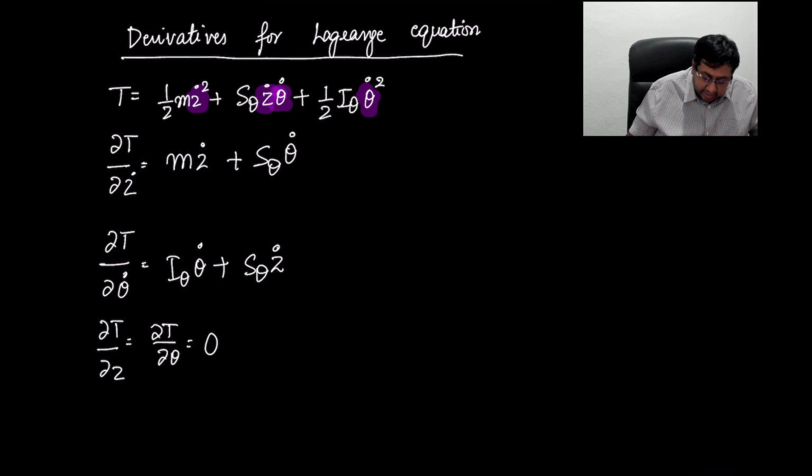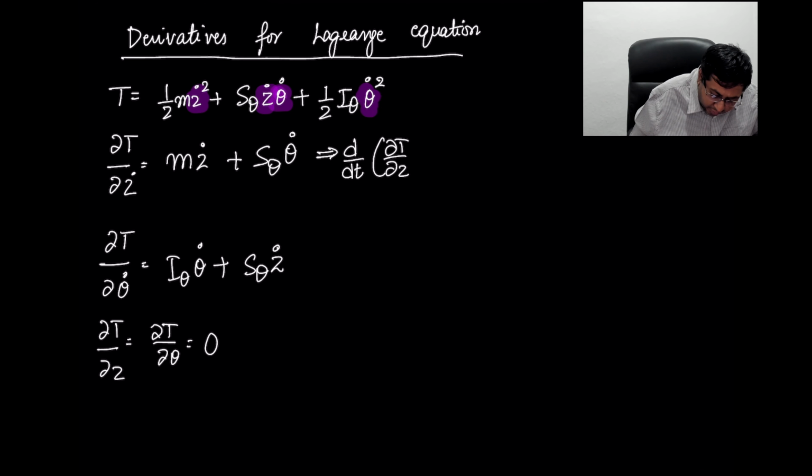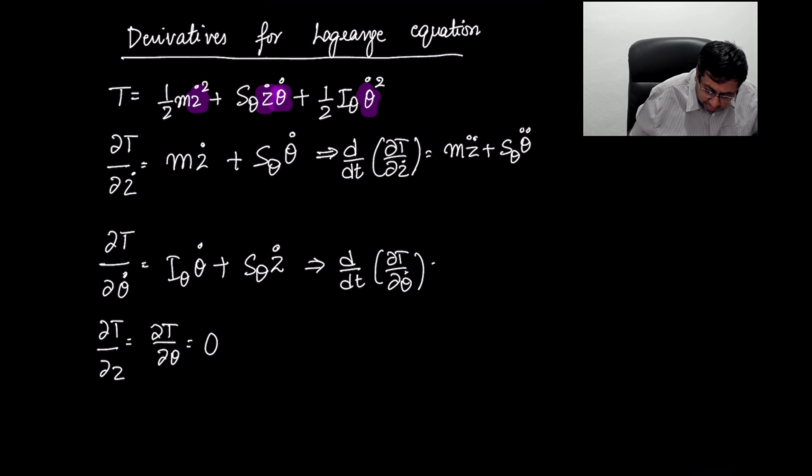That implies we can also write the term d by dt of dou T by dou z dot as m into z double dot plus S theta into theta double dot. And similarly, d by dt of dou T by dou theta dot as I theta into theta double dot plus S theta into z double dot.